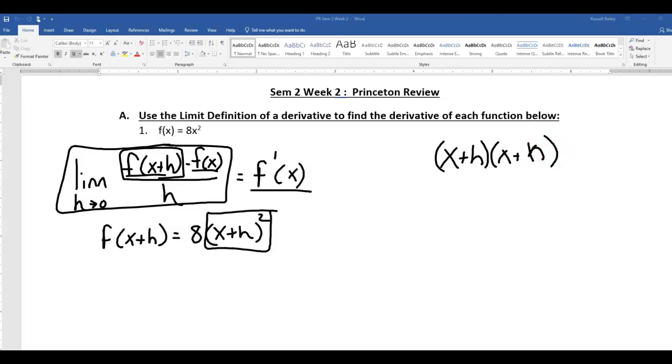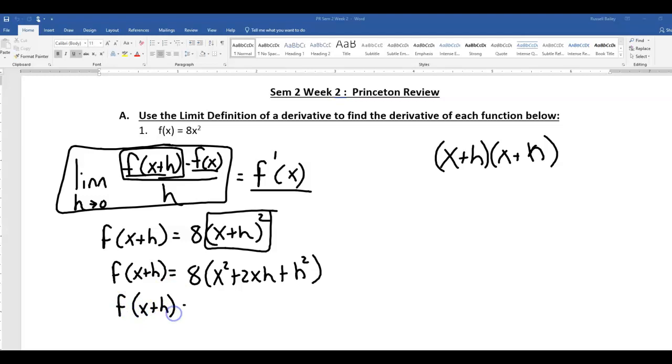Or you can remember I gave you a little shortcut formula for that, which looks like this. But if you did it the long way, you'll still get the same answer. And then we're going to distribute that 8 inside. So that's the first thing you want to do, simplify the f of x plus h expression.